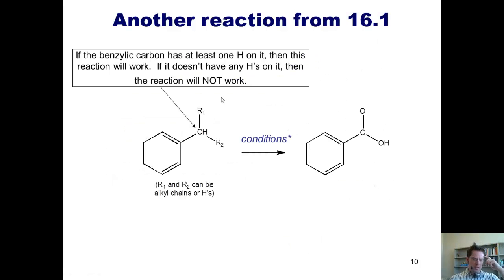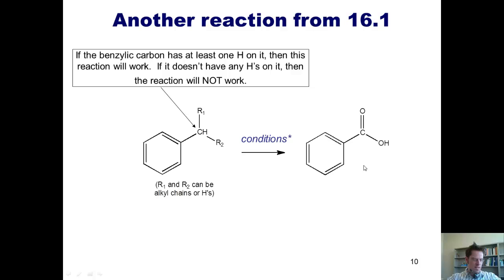I'm now going to move on to another reaction shown in section 16.1. This reaction is the oxidation of benzylic carbons. You see, if you have an alkylated benzene, and the benzylic carbon is bonded to at least one hydrogen, then you can react that compound with certain conditions to convert it into this product here, which is called benzoic acid.